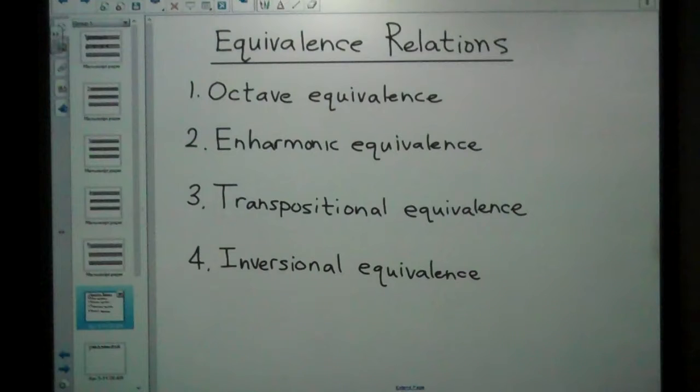equivalence. Although we just take this for granted, especially when we start studying music our freshman year or in Theory 1, octave equivalence is actually a pretty powerful property about music. Octave equivalence allows us to say that a familiar tune such as Happy Birthday, or really any tune, will be the same tune no matter what octave it is played in or sung in.